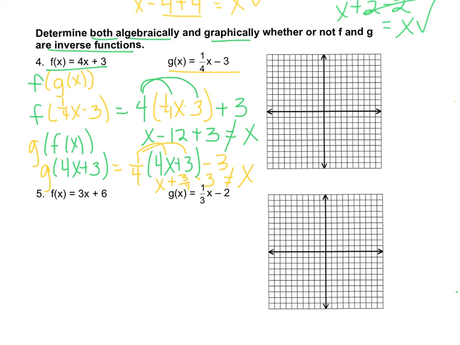So we need to, it tells us to do both. So I'm going to graph, since both of these are linear, I'm just going to use slope and y-intercept, but it doesn't really matter. If you want to use the calculator, you can plug it in and look at your table. So my y-intercept on function f is 3. And I'm going up 4, right 1, down 4, left 1.